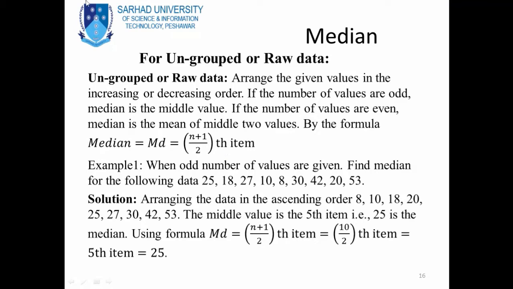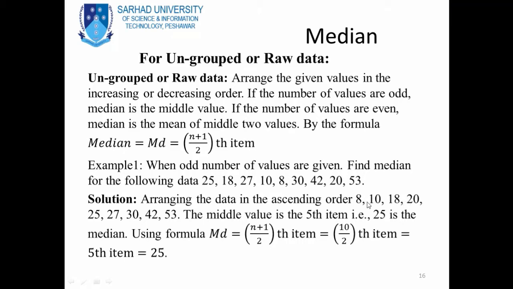For example, we have data 25, 18, 27, 10, 8, 30, 12, 20, and 53. First of all, arrange the data in ascending order. You see over here 8, 10, 18, 20, 25, 27, 30, 42, and 53. There are actually 9 terms: 1, 2, 3, 4, 5, 6, 7, 8, 9. So we divide into two portions.